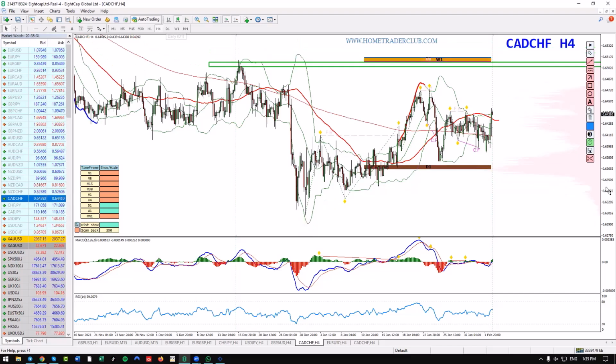In terms of waves on the 4-hour chart that validate the opportunity for me, we have here the 3 waves up or a zigzag and a range that so far forms these waves here.